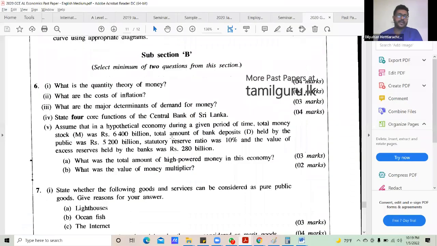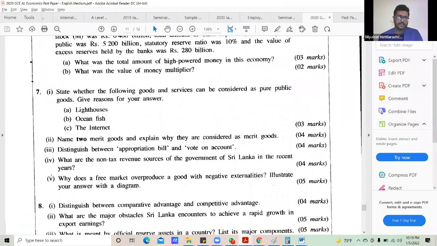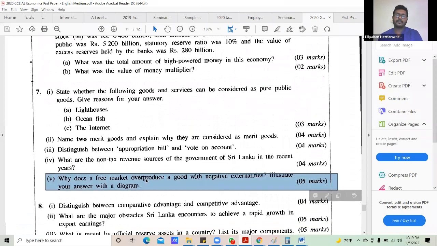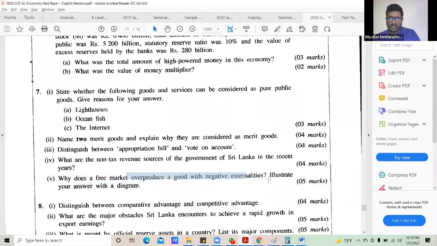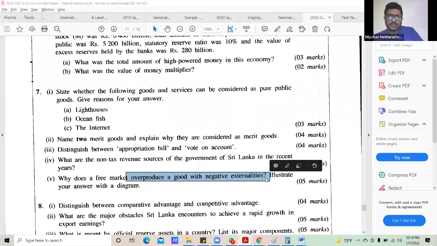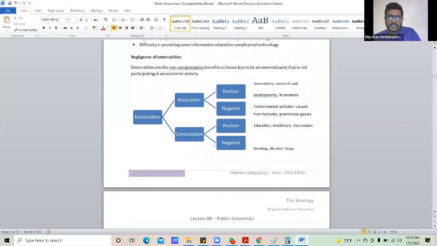Look at this 2020 paper. Look at this question, a 5 marks question. This question covers negative externalities. Why does the free market overproduce a good with negative externality? So basically this question talks about one externality out of these 4. What is that?